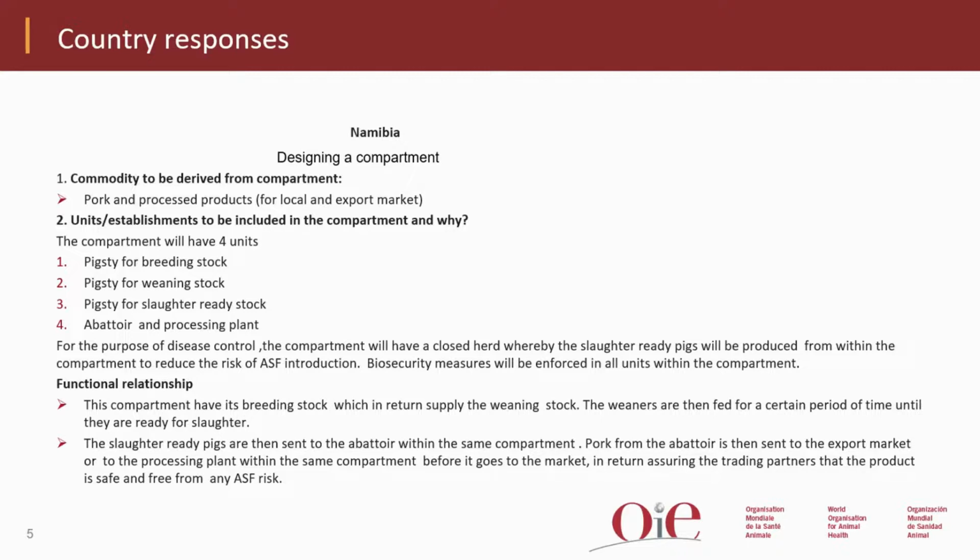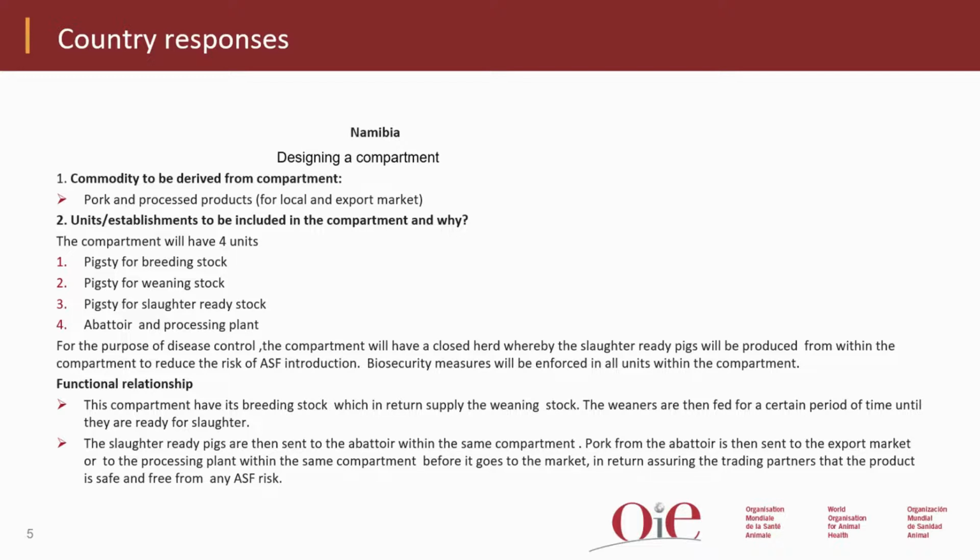We chose these units particularly because we want to maintain a closed herd for the purpose of disease control, so that there's no risk of introduction of ASF into the compartment through other pigs that were introduced.